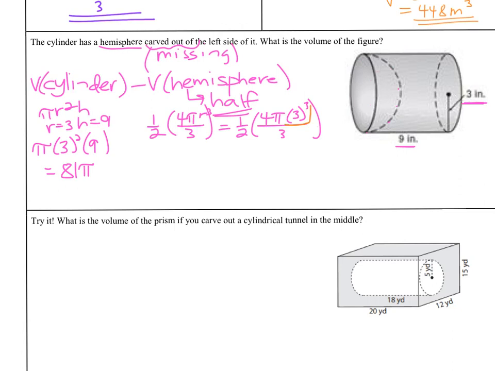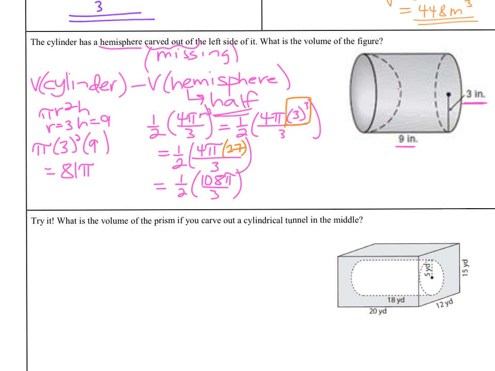First things first, let's do 3 cubed. 3 times 3 times 3. That would give us 1/2 times 4 pi times 27, and then all over 3. Now 27 times 4 is 108. So that gives us 1/2 times 108 pi over 3.